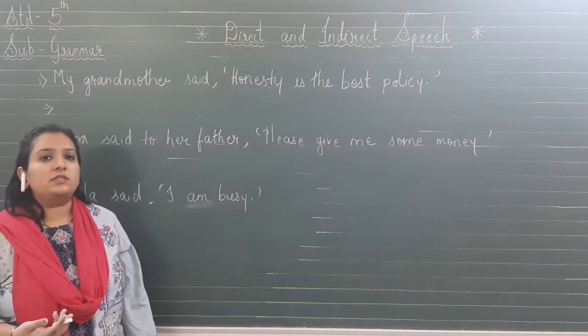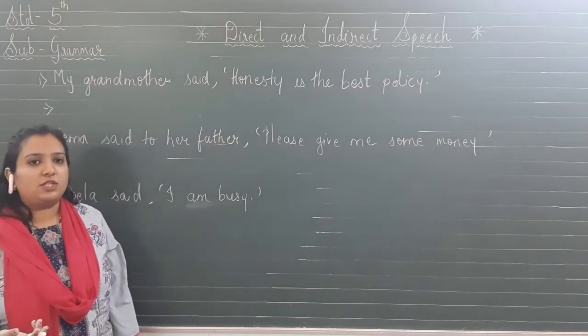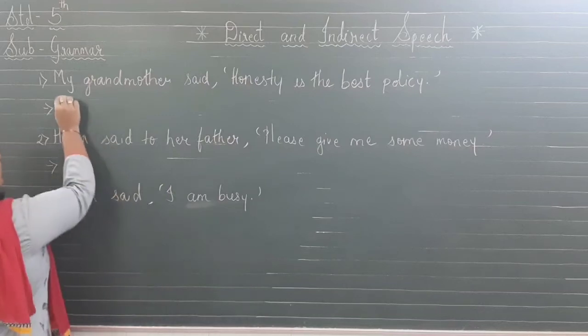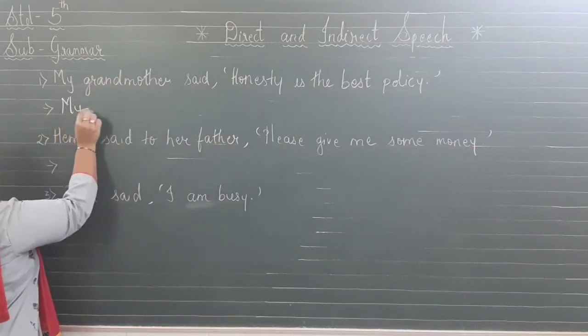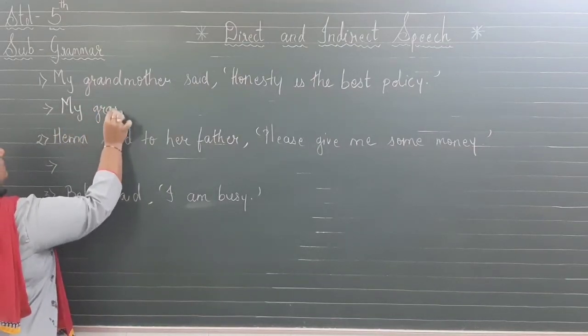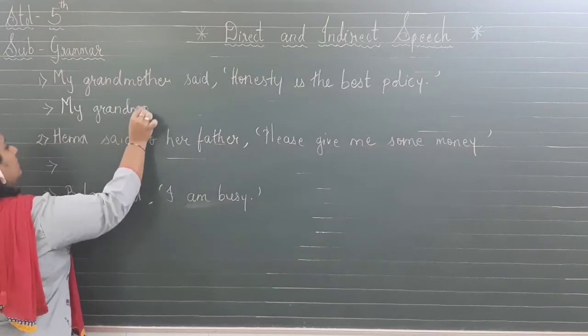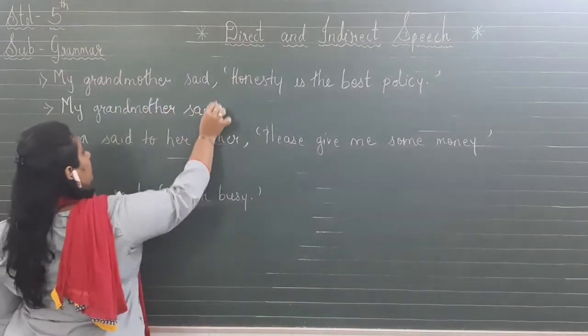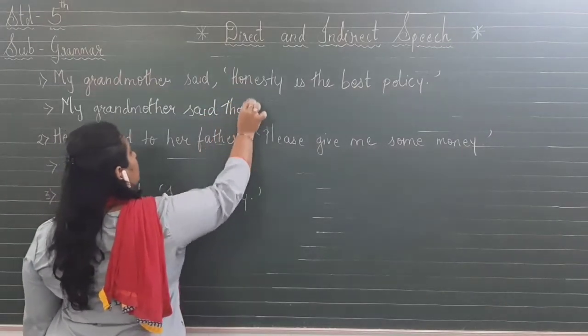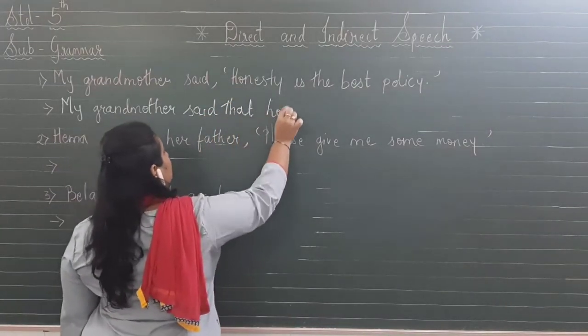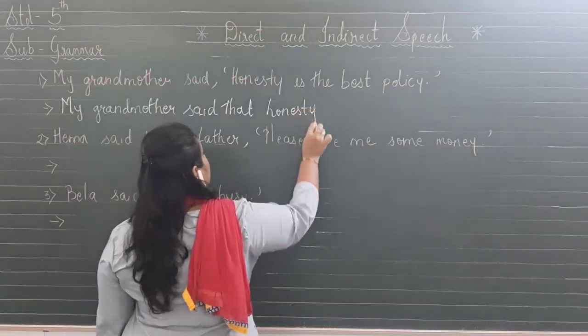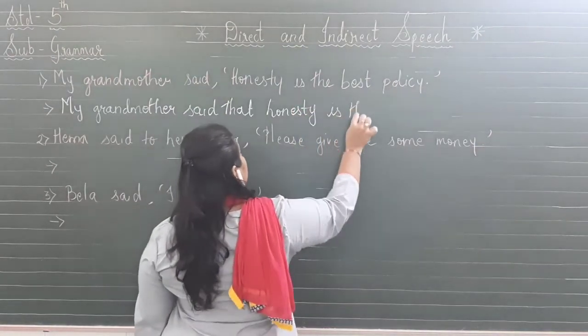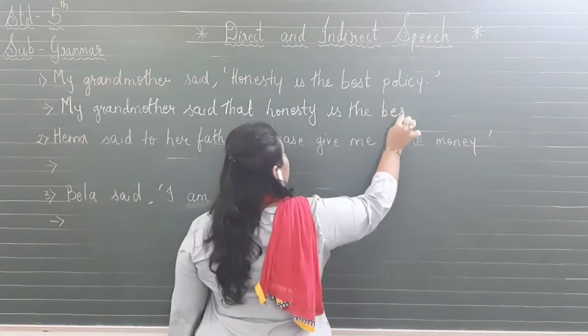If there is a universal truth, we don't have to make any changes in indirect speech. So the statement will become: my grandmother said that honesty is the best policy.